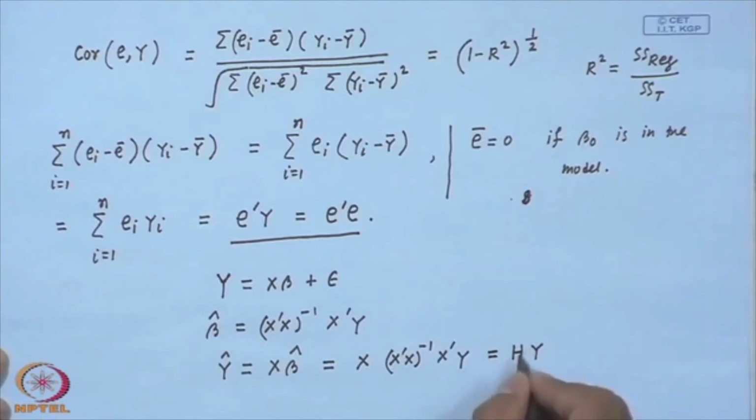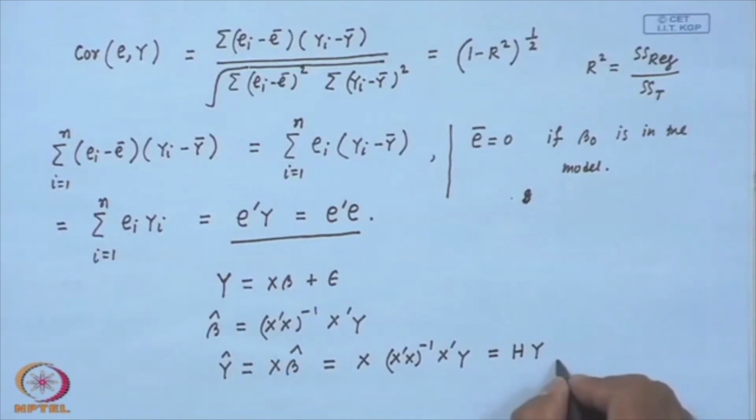Okay. This is called hat matrix, we know about this H matrix. So, it is called hat matrix because this matrix transforms y to y hat.